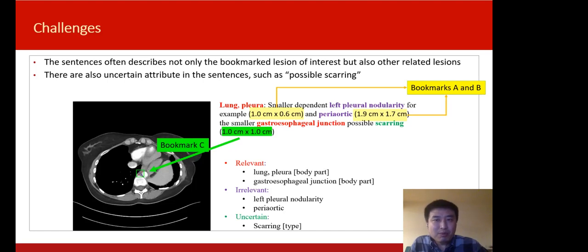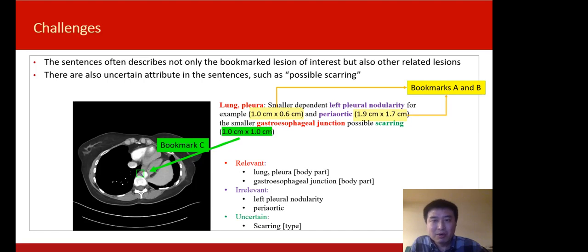There are 3 bookmarks in this sentence, but we are only interested in bookmark C because it links to the CT image on the left. Therefore, the first challenge here is to find which attributes describe which bookmark.